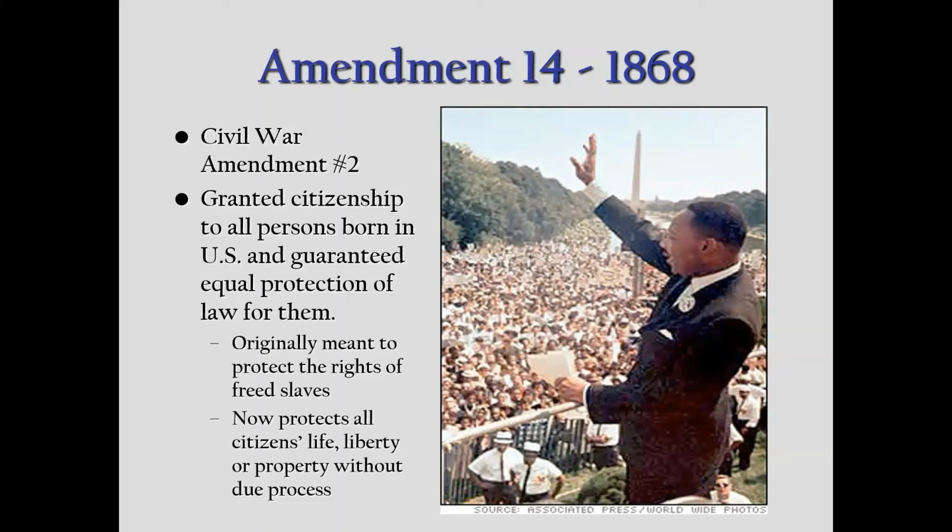Martin Luther King Jr. obviously was not alive in 1868, but cited the 14th Amendment throughout the civil rights movement. As individuals or groups have sought greater equality in the United States, the 14th Amendment is often cited as a justification if one was needed.